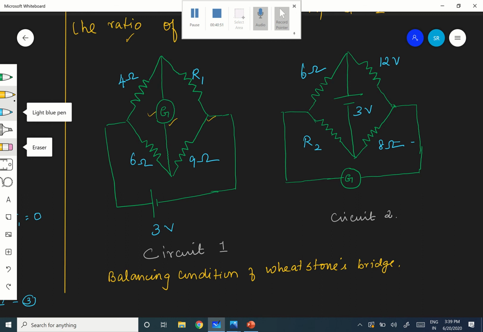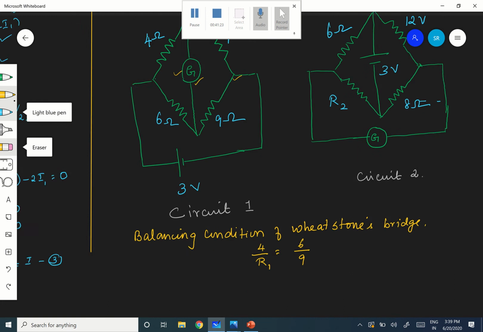P by Q is equal to R by S. So 4 by R1 is equal to 6 by 9. Correct? P by Q is equal to R by S, because it says that in both the circuits there is no current. Galvanometer does not show any current, which means that the bridge is balanced. Therefore you can apply the condition P by Q is equal to R by S.